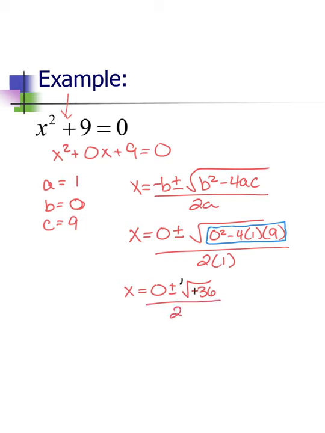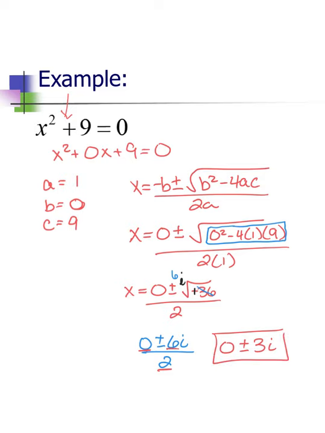Again, when you see a negative under a radical an i comes out, I also know the square root of 36 is 6. So this becomes 0 plus or minus 6i over 2. And the final step, does anything go into 0, 6, and 2? Technically, you can divide all of them by 2. So it's 0 plus or minus 3i. You could put that over 1. You do not have to.